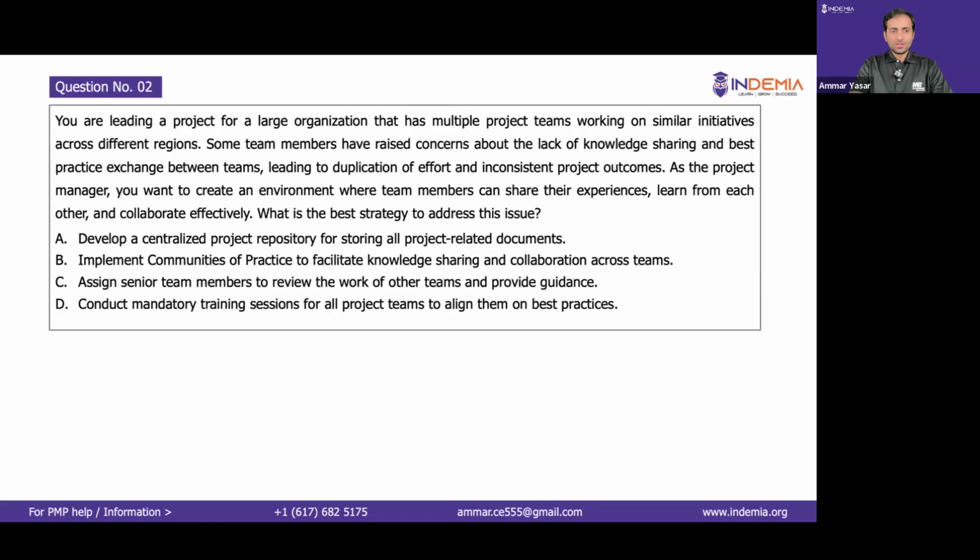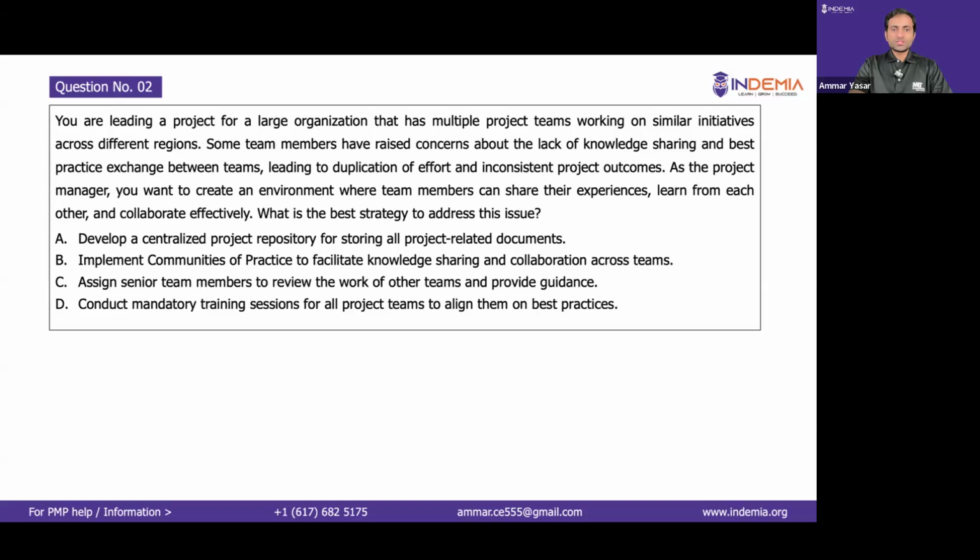Let's park it. Option C, assign senior team members to review the work of other teams and provide guidance. Yes, it is helpful, but how is it helpful for collaboration and exchanging ideas and knowledge? C can't be the right answer. D, conduct mandatory training sessions for all project teams to align them on best practices. Again, it would be helpful, but it doesn't address the problem stated in the question, the lack of knowledge sharing and best practice exchange leading to duplication.